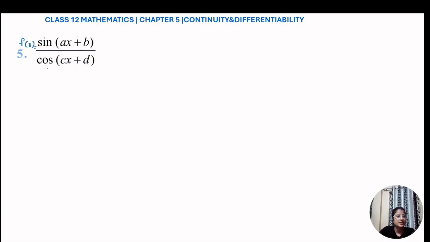As you can see here, whenever you have a function in which you have, suppose, v of x by u of x form, always use the quotient rule of the derivative. We know that it's the quotient rule. Its derivative is given by v dash u minus v u dash divided by u square.